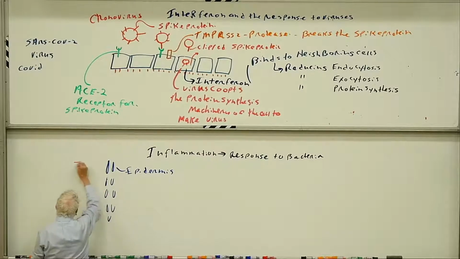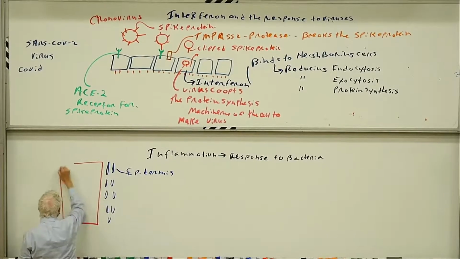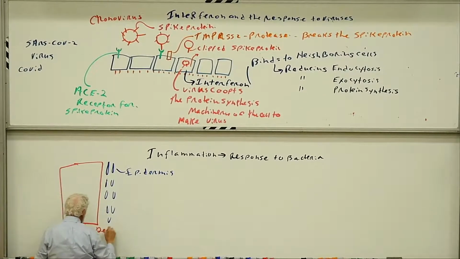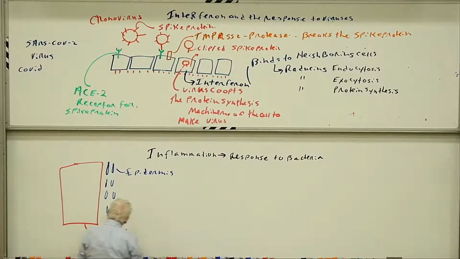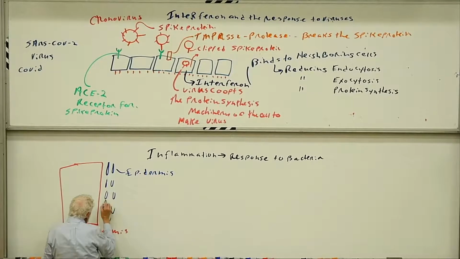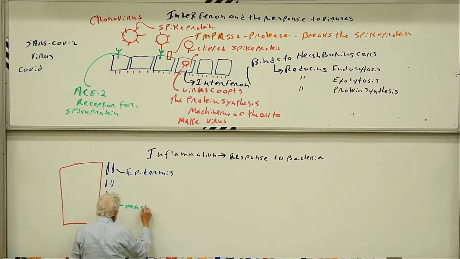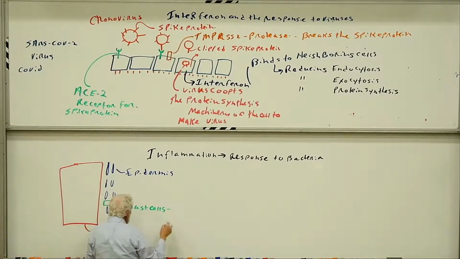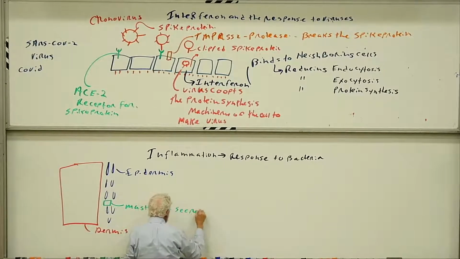Down here is the dermis. Along with these epithelial cells in the epidermis are going to be cells called mast cells. And the mast cells secrete histamine.